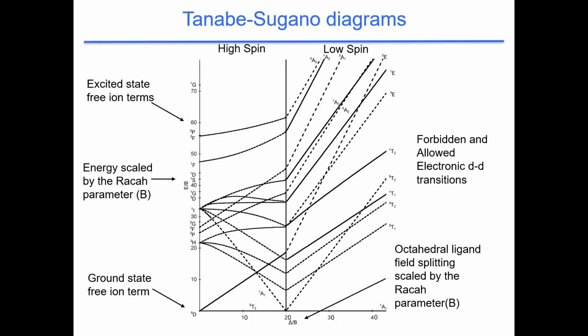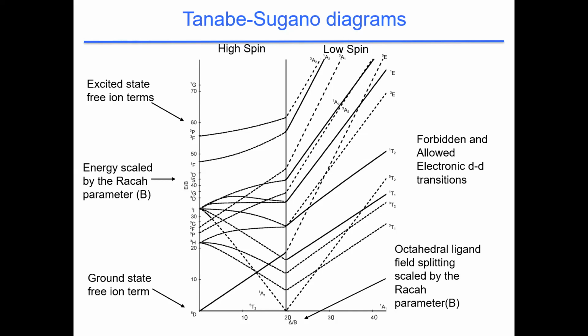On the x-axis, you have your octahedral ligand field splitting, which is scaled by the Racah parameter as well. So you can use the x-axis as a proxy for the delta octahedral value, with increasing delta meaning increasing octahedral splitting.